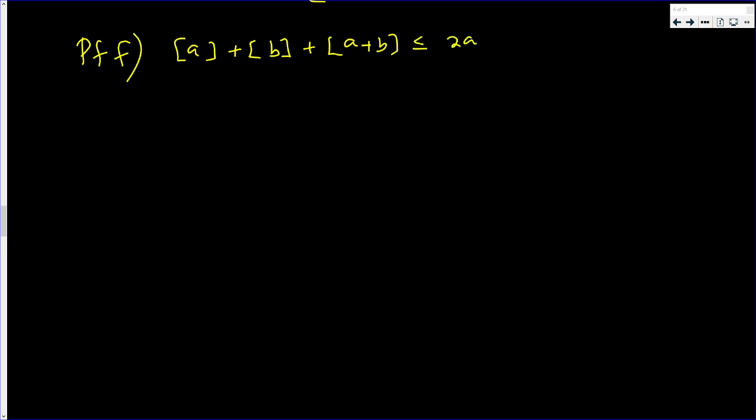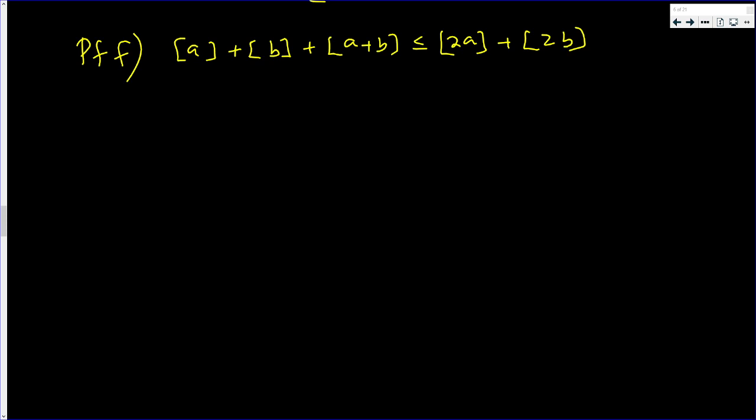The next one is the proof of f. It says that the greatest integer of a plus the greatest integer of b plus the greatest integer of a plus b is going to be less than or equal to the greatest integer of 2a plus the greatest integer of 2b.